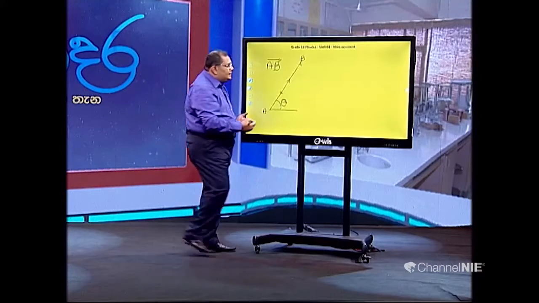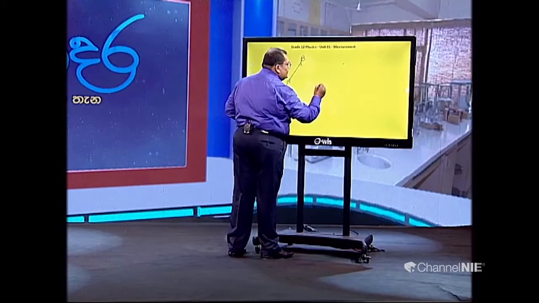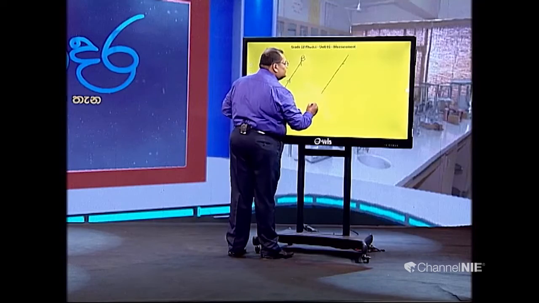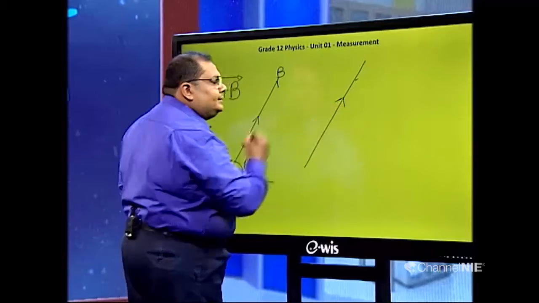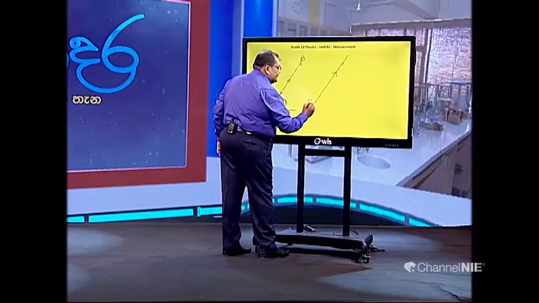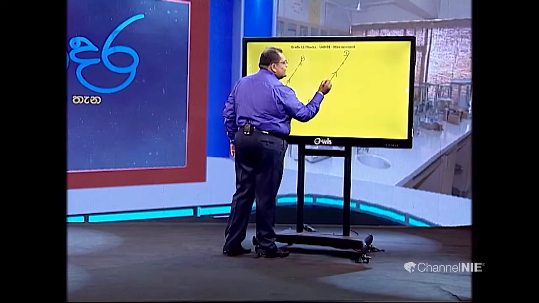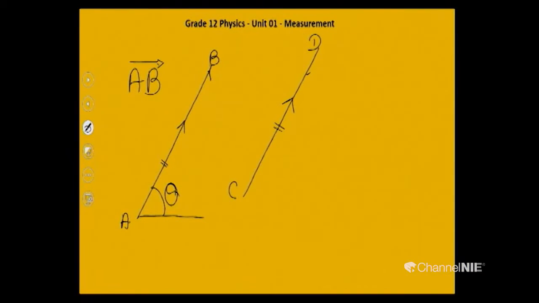For example, if you draw here another straight line, C to D, same magnitude and same direction. These two are equivalent vectors.